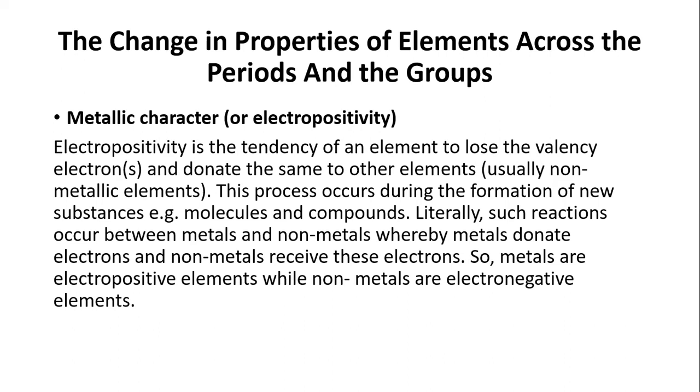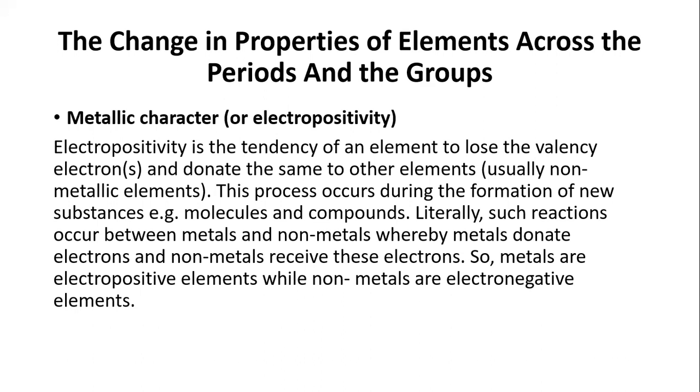The valence electrons are the ones found in the outer shell of an atom of an element. This process generally occurs during the formation of new substances, for example, molecules and compounds.